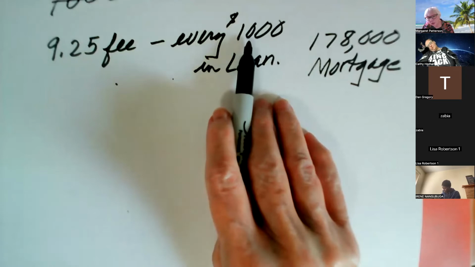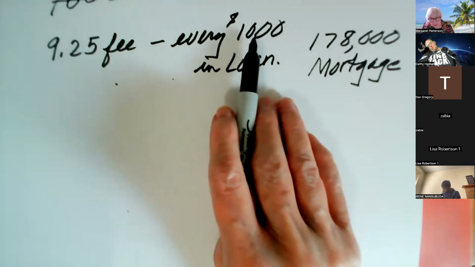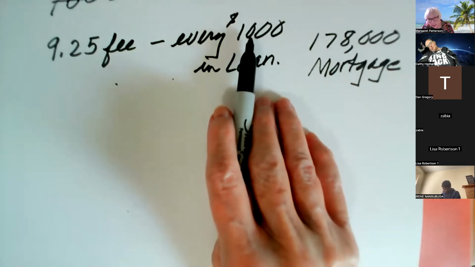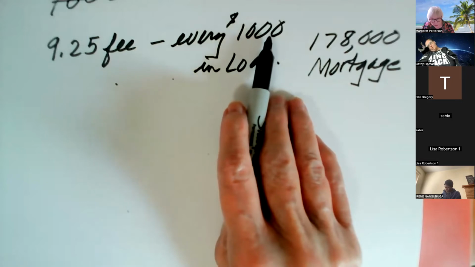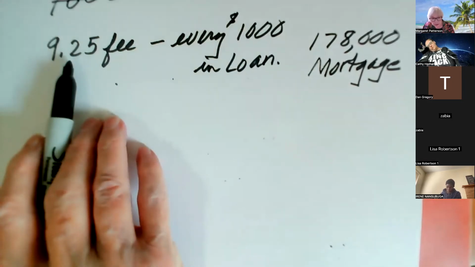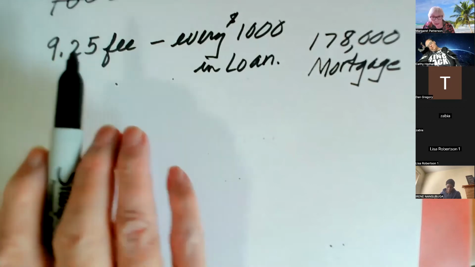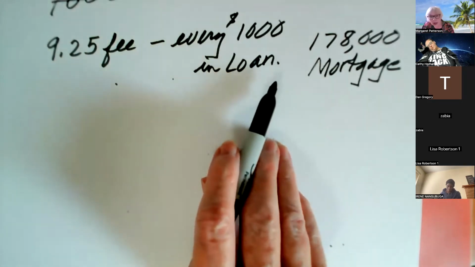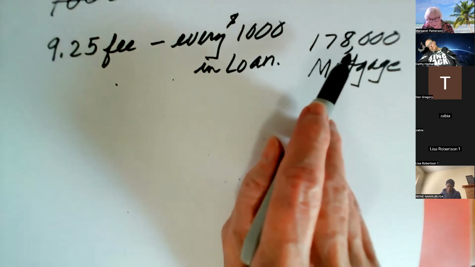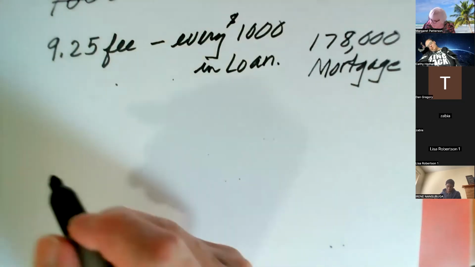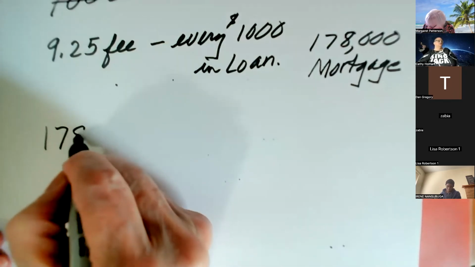Yeah, so let's attempt to do this one. If you had to borrow $1,000, let's just get this down. If you had to borrow $1,000, you would pay $925, that's it. But you're borrowing a lot more than 1,000. So how many are you actually borrowing? 178.